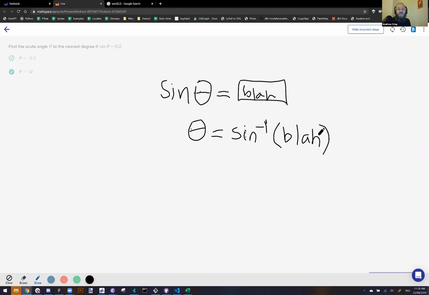And this works whether it's sine or cos or tan. So it's tan inverse and cos inverse as well.